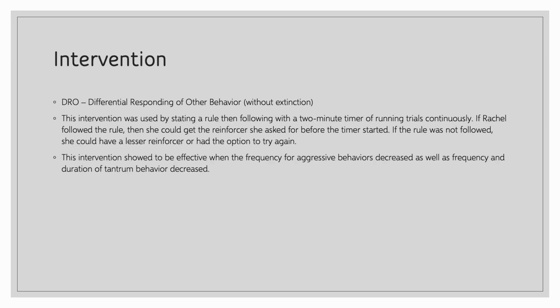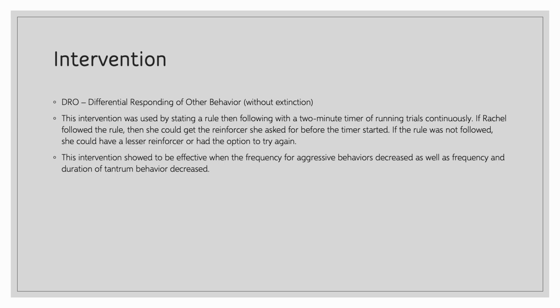So the intervention that we used to decrease all of those behaviors was a DRO, which is differential reinforcement of other behavior without extinction. And so with extinction is you do the intervention, they never get any reinforcement ever. So we did without extinction, and you'll understand that in just a second.